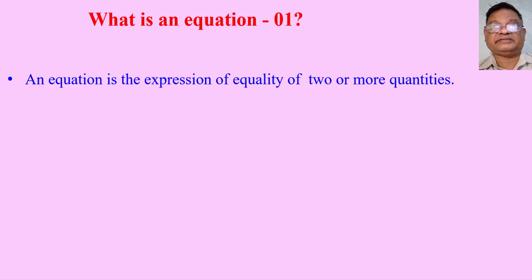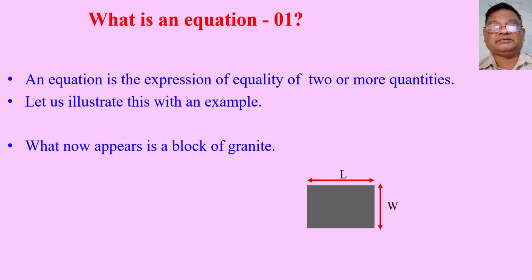An equation is the expression of equality of two or more quantities. Let us illustrate this with an example. What now appears is a block of granite. It is rectangular in shape.